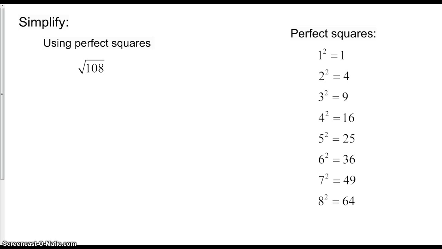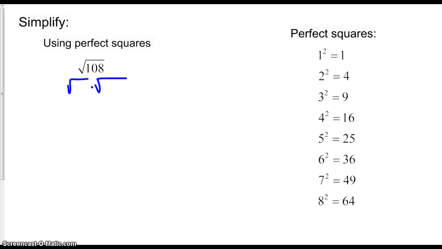To use perfect squares, we're going to use the idea that I could separate this into two square roots that are multiplied together, if I can find two numbers that multiply to 108. Now, it's only valuable if I separate out something that's a perfect square, okay? For example, here's a list of perfect squares. 1 squared is 1, 2 squared is 4, 3 squared is 9, and so on.